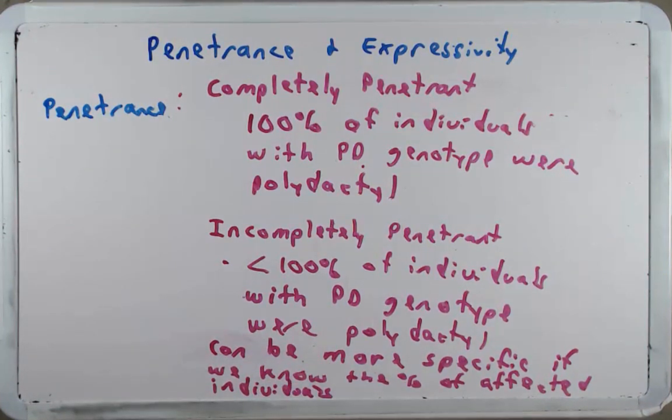Like I said previously, if we know the percentage of individuals, say it's 40% of the individuals that have the PD genotype actually have polydactyly, then we would say it's 40% penetrant. What I'm saying in that example is that the other 60% of individuals with the PD genotype are actually not polydactyl. They have 5 digits per hand or foot.